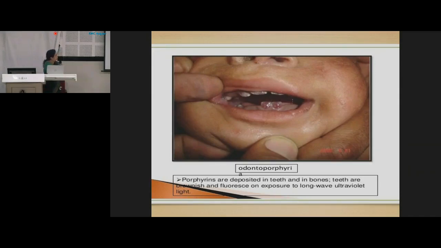So these will be the symptoms in case of congenital erythropoietic porphyria. The main symptoms are photosensitivity and skin lesion. After repeated exposure, the skin will appear as werewolf-like skin, and there will be photosensitivity. So this is because of the production of reactive oxygen species in case of congenital erythropoietic porphyria.